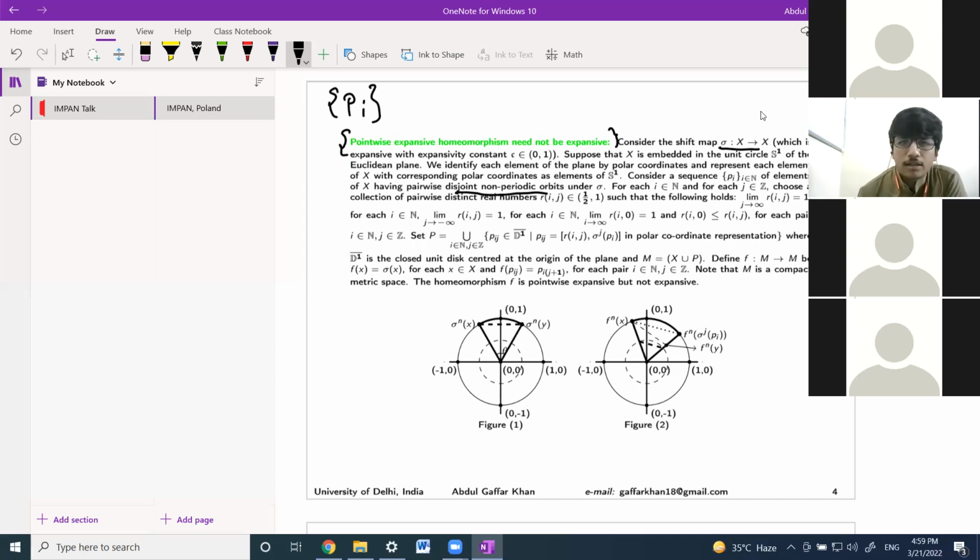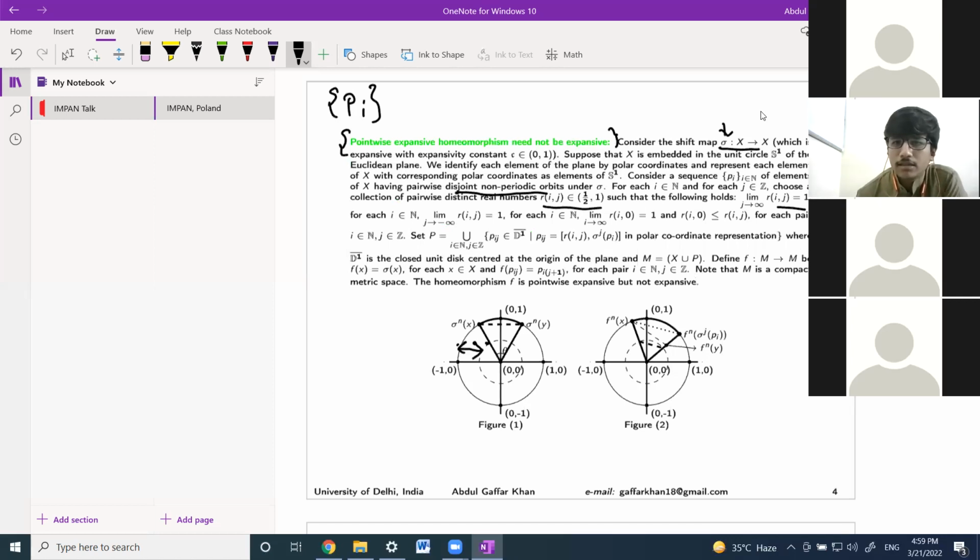And he further assumed, consider an annulus of radius half to 1, and inserted a sequence of points r_ij to satisfy some conditions.